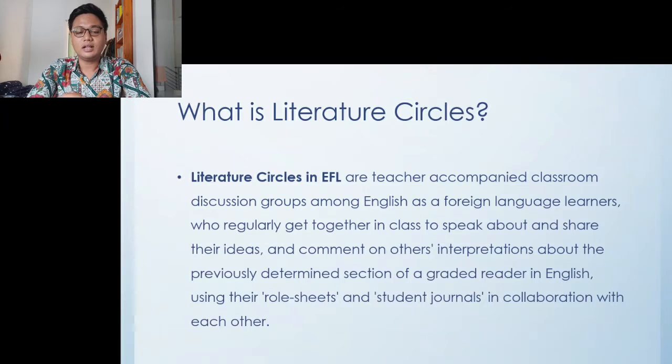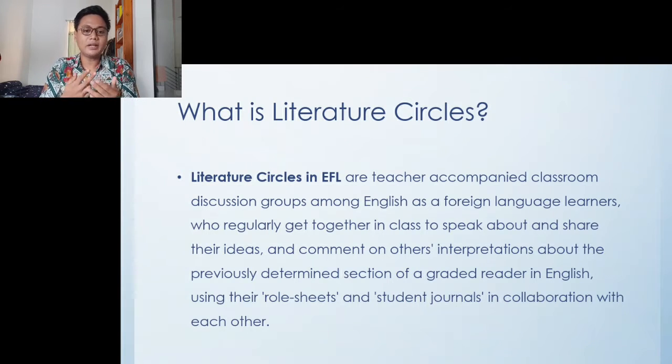Literature circles engage students in rich conversation about shared readings. The first is students can express their opinions about the book itself, and the prediction of the plot from the book, and questions about text in a productive and structured way.